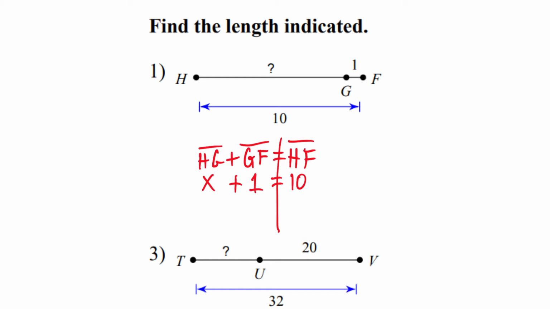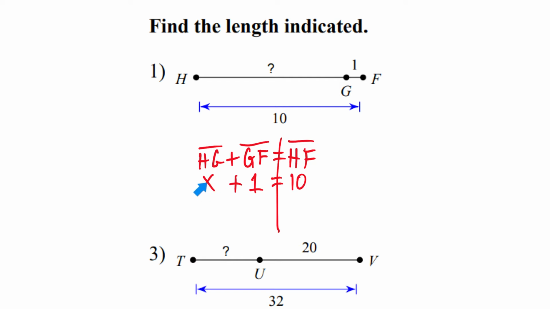Okay? So HG is X, we don't know that. GF is 1, and HF, the whole thing, is 10. So if I wanted to solve for X, what would I do? Subtract the 1. Good.